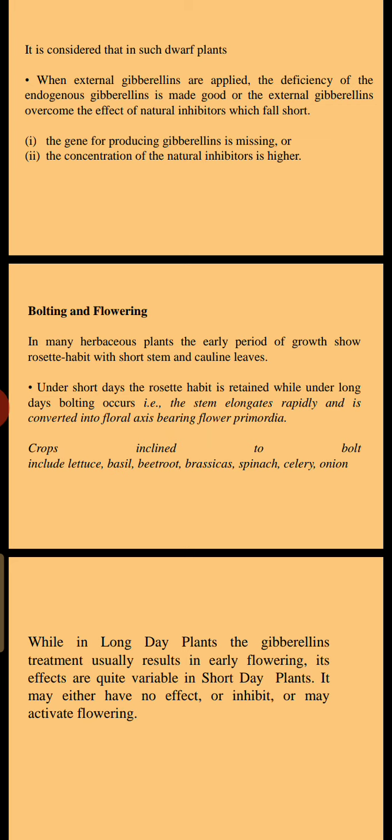So this looks like a rosette type of plant. This rosette type of plant can be transformed into an elongated type of plant. Such a condition is known as bolting. Bolting means those parts of the internode which have the capacity to initiate the flowering bud. So this is known as the bolting shoot.